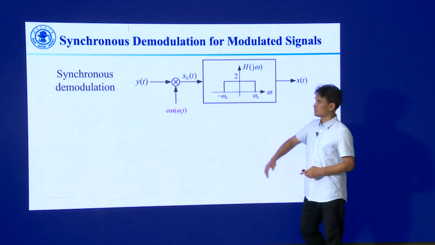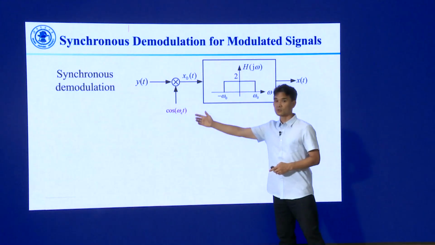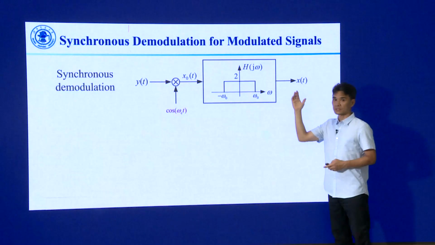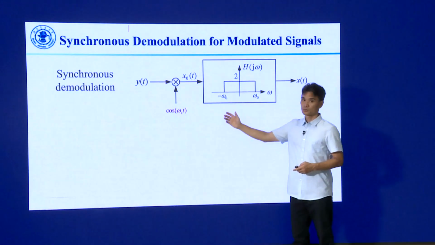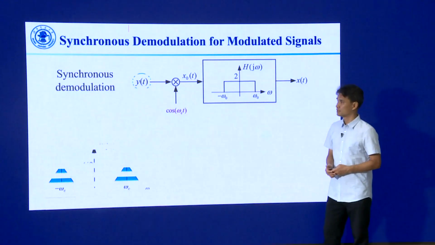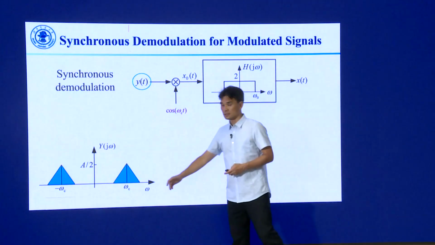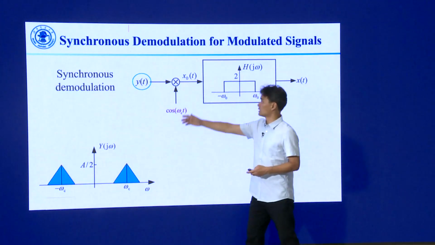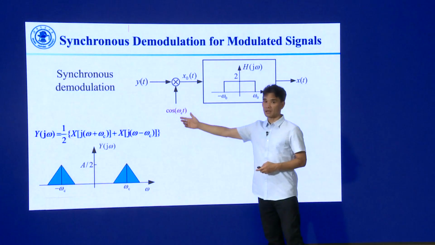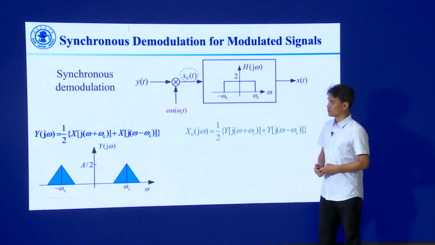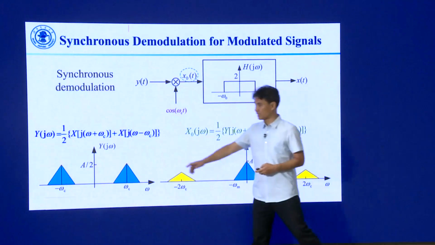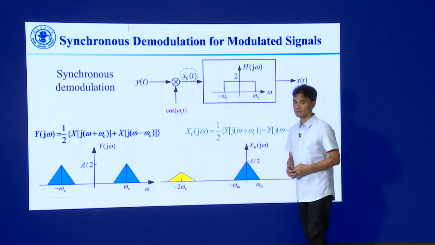And this part is the other way around. We try to demodulate the modulated signal to get the original signal. There are two parts. The first part is identical to the modulation part. If we have the modulated signal, what is the spectrum of x sub 0? Since it's multiplied by the carrier, we repeat the modulation process one more time, split them by half, and shift towards the left and right.